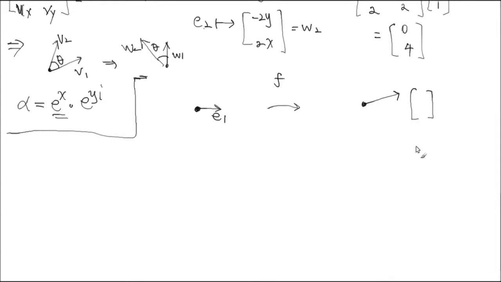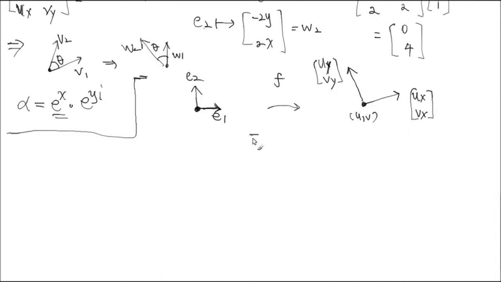E1 goes to where? This is u comma v, and it's differentiated, right? E1 is this x direction, only x is moving. Therefore, ux and vx. All right, what about e2? Right, so here it's going to be uy and vy, right?